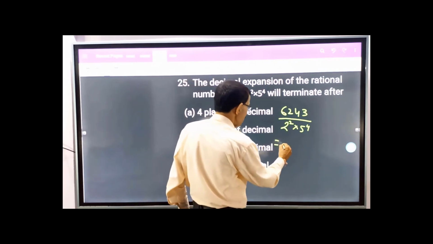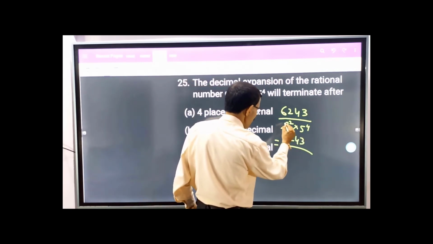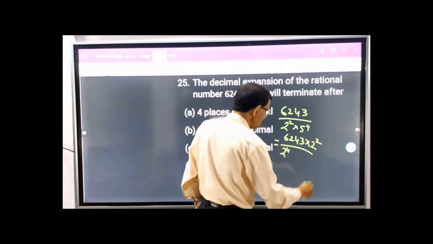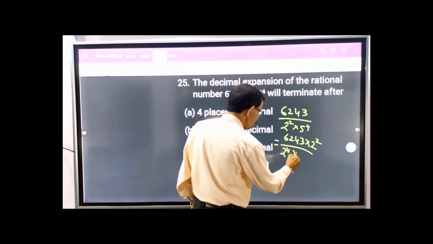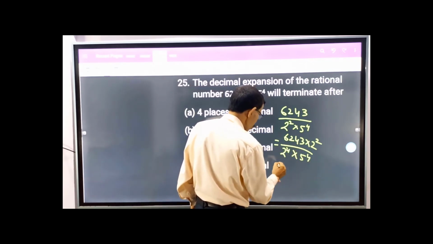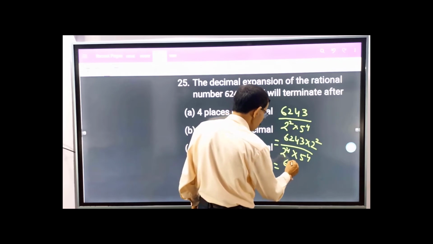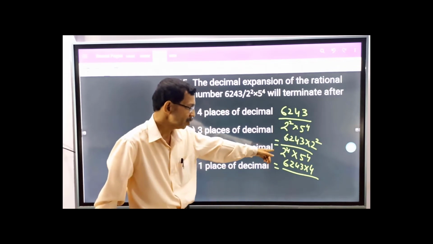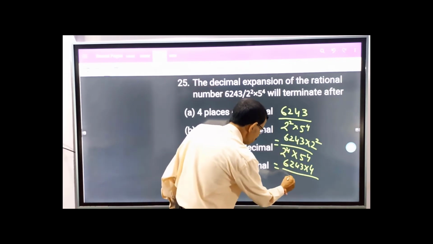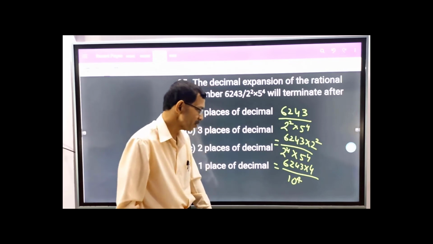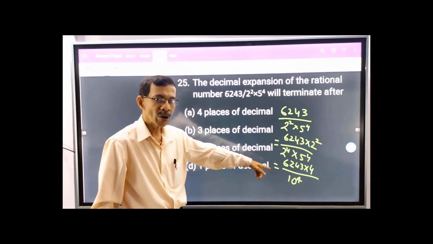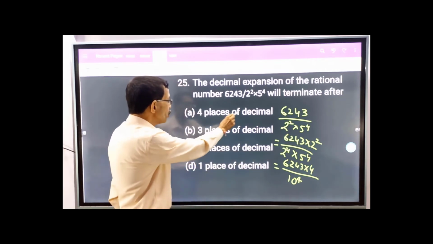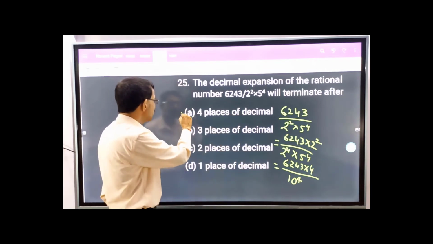So this can be written as 6243, and this I will make 2 raised to 4, and to balance I will multiply by 2 square. Of course this is multiplied by 5 raised to 4, and further this will be 6243 into 4 divided by 10 raised to 4. And with this we can now see that it is terminating after 4 decimal points. So 4 places of decimal. So A is the correct option.